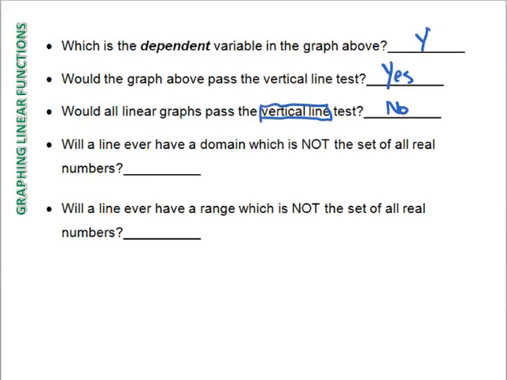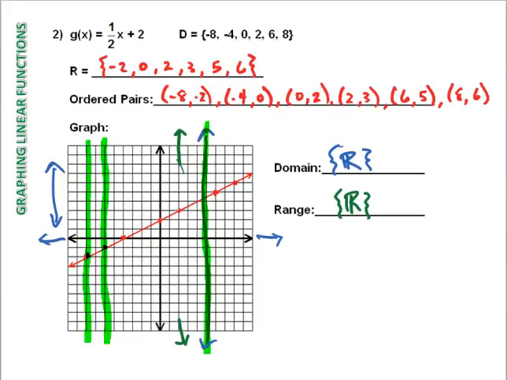Okay? Will a line ever have a domain which is not the set of real numbers? That's a good question. It's asking about domain, so let's look at this line right here that I just drew. Every point on this line has the same x value, which is 5.